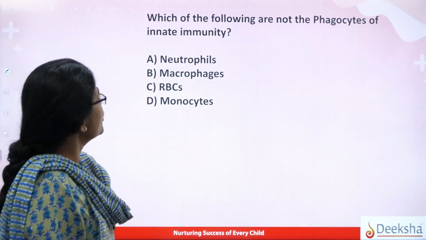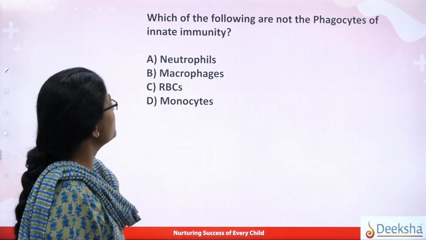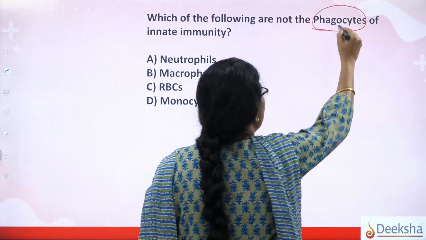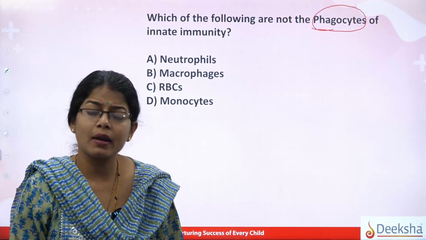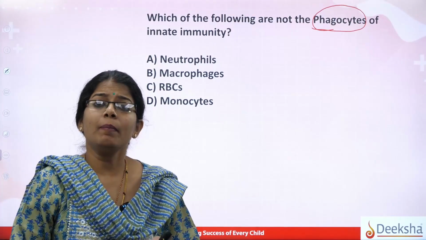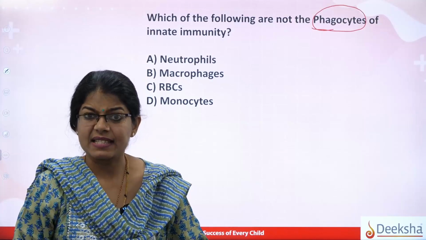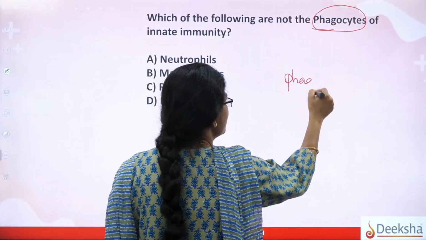Okay. Next one, which of the following are not the phagocytes of innate immunity? I come to the point, phagocytes. If you remember, these are a special type of barriers, that is a cellular barrier, which again helps in immunity. Now, what was the purpose of phagocyte cells? Yes, I said there was one concept called phagocytosis, right?